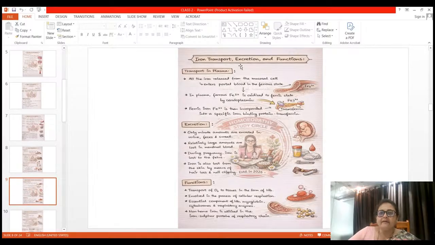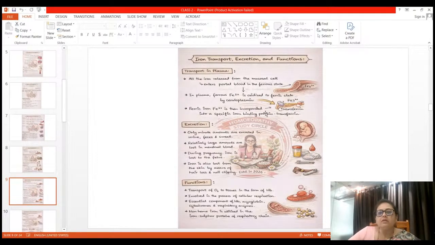Next, iron transport, excretion and functions. Transport in plasma: as I told you, after absorption, this ferrous iron is again oxidized to ferric iron by ceruloplasmin. This ferric iron is then incorporated into a specific iron binding protein, and it gets transported to the bone marrow.